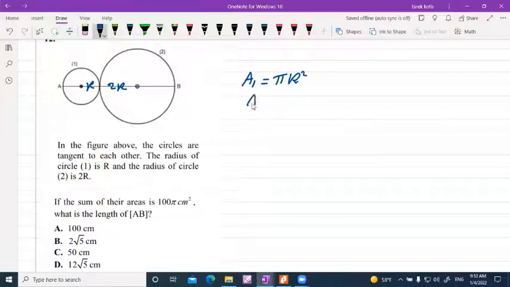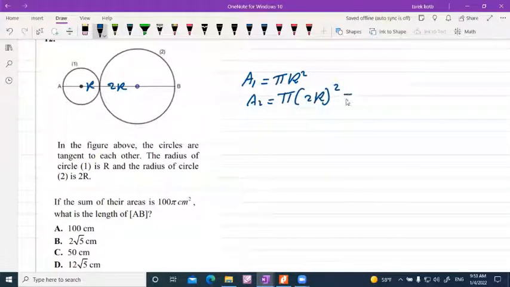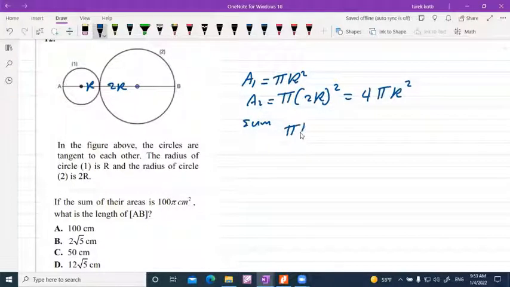Okay, the area of the first circle, which is A1, equals pi r squared. The area of the second circle will be pi times 2r all squared, because the radius is 2r, means 4 pi r squared.